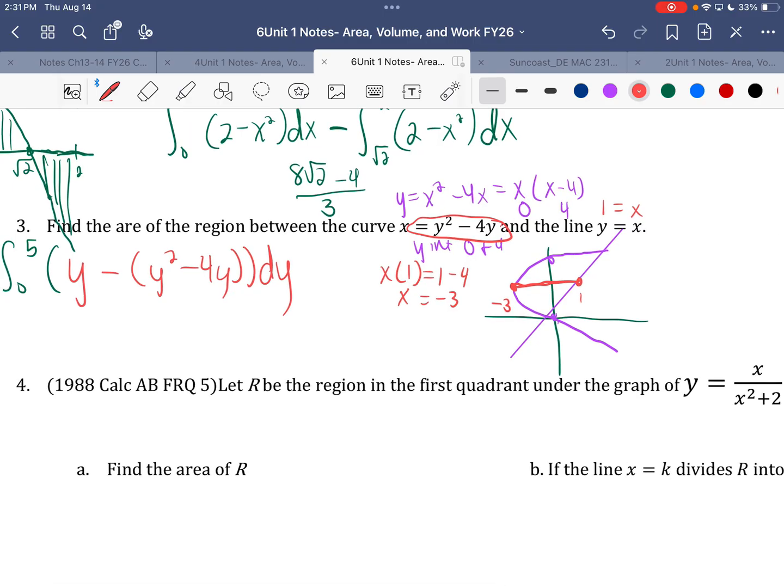So here is where people have done bad algebra. You either didn't distribute the negative or you didn't combine. Well, I don't think it's bad algebra to not combine like terms. It's just like you're doing more work. So you have y and then minus y squared plus 4y once you distribute the negative. You're going to have a fraction over those y's.